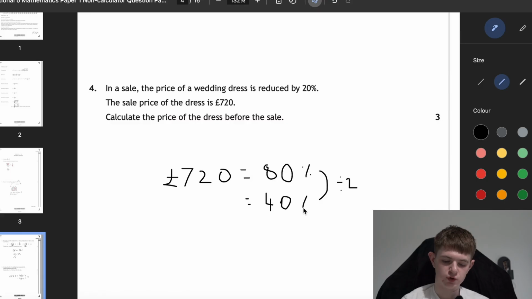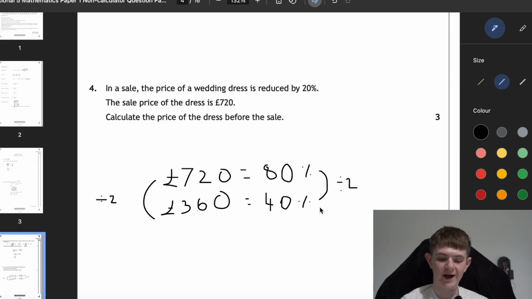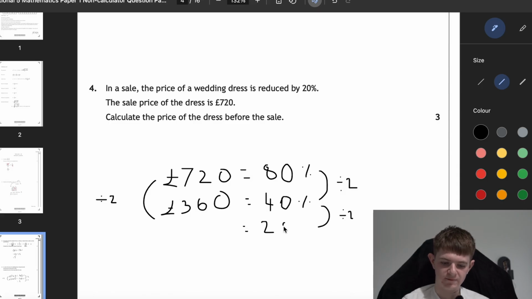And 40%, so 720 divided by 2, is going to get £360. We're not done there, we need to do that again. So divide 40% by 2, and that's going to get us our 20% that we were looking for. And 360 divided by 2 is 180. And that will get us 180.